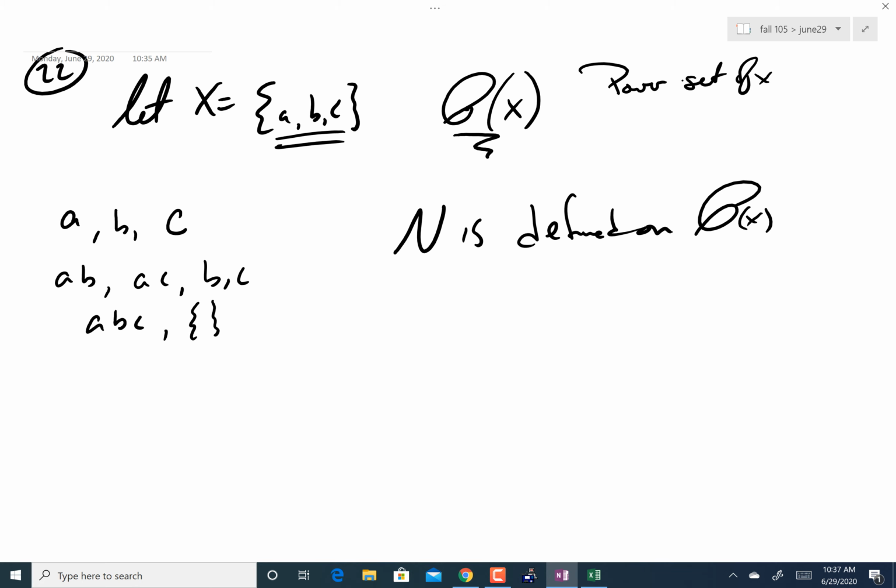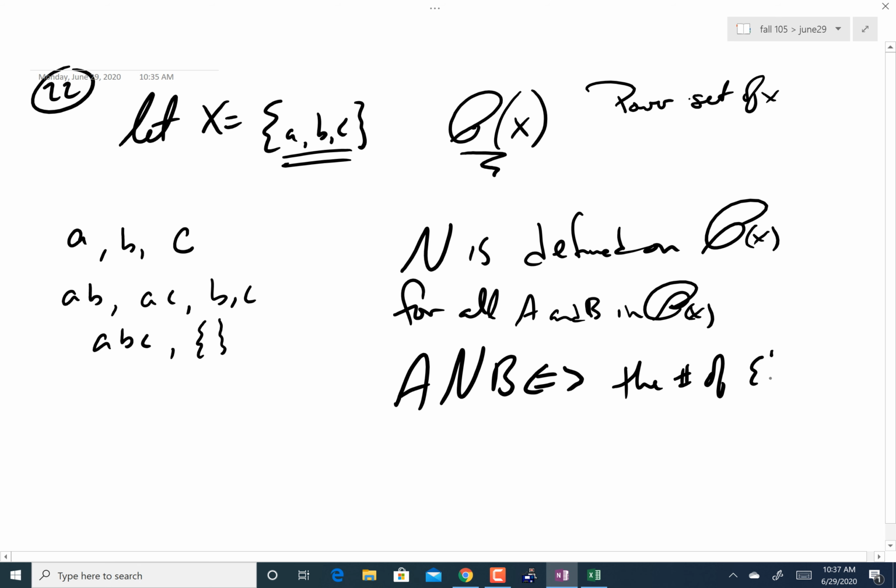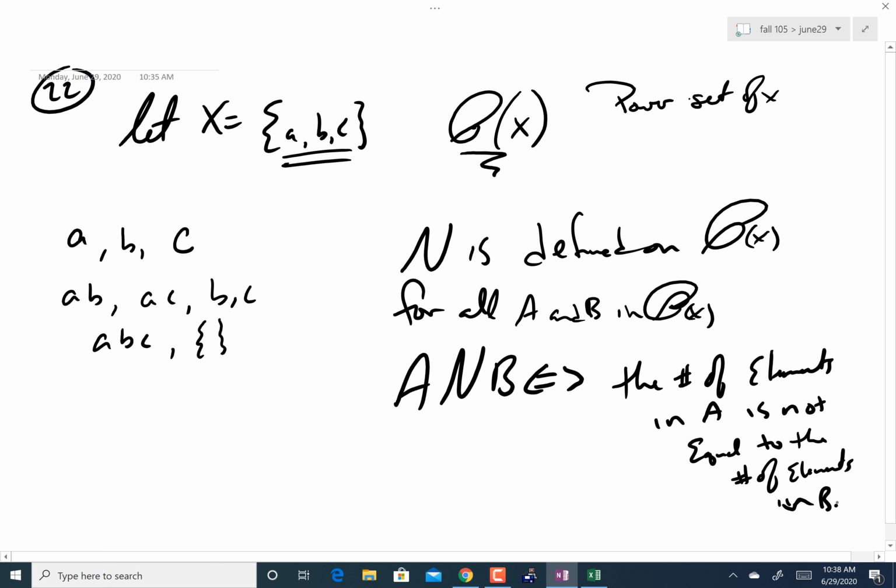For all A and B in the power set, A n B is defined as the number of elements in A is not equal to the number of elements in B. Okay, and so we are to, in this situation here, talk about whether it's reflexive or transitive or symmetric. Okay, that's all we need to find.